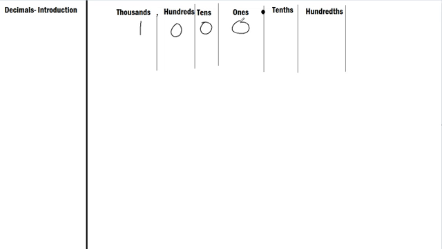Another thing that's really important is what happens when we move the digit over. As we move it from the ones place, I'll put 1 here. For this case, I'm just going to move it here. 10 is equal to 1 times 10.